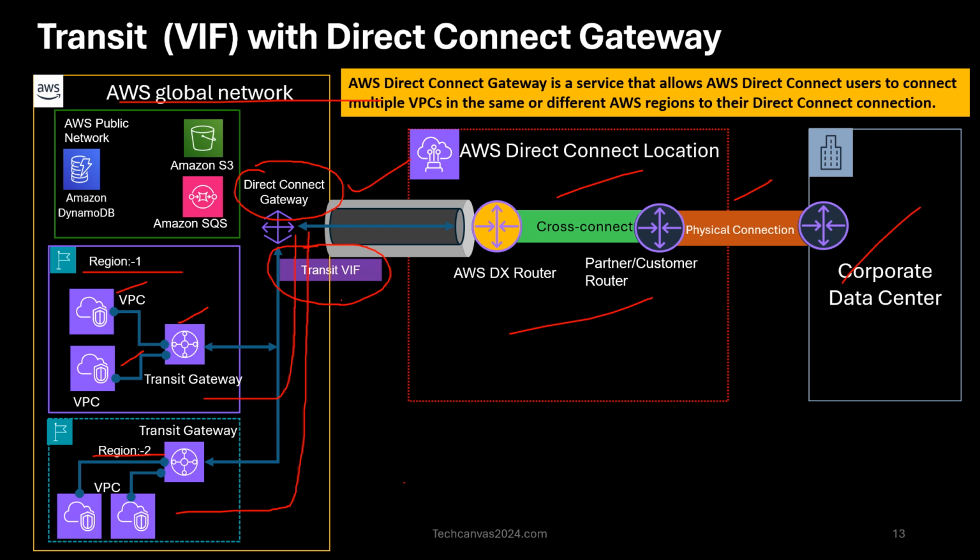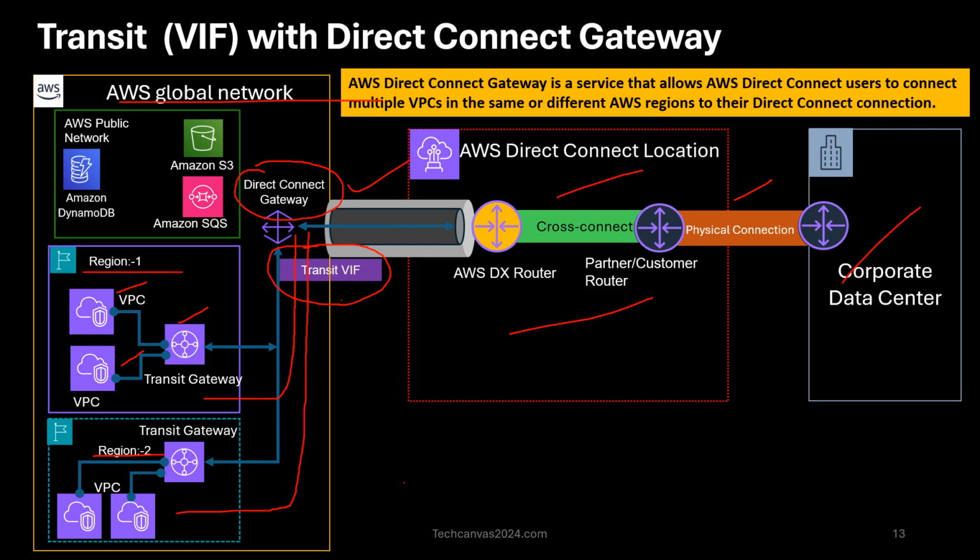As I described in this diagram as well, you can associate up to 3 transit gateways in any AWS region when you use a transit VIF to connect to a transit gateway. Please note that it's possible to have both private and transit VIF on the same Direct Connect connection, provided it is a dedicated connection, not a hosted connection.